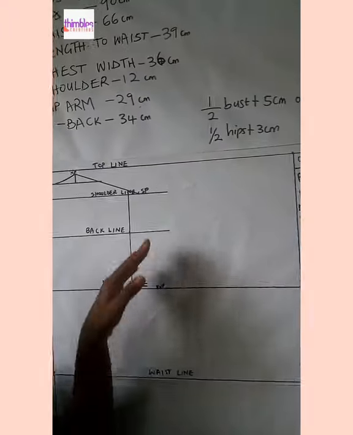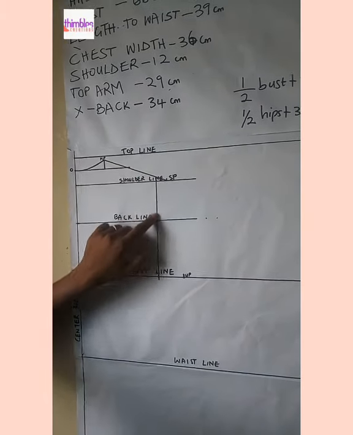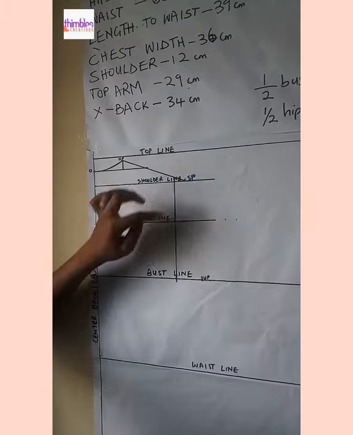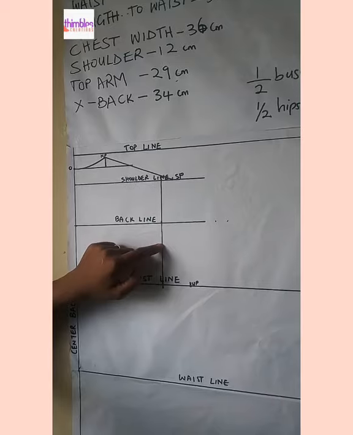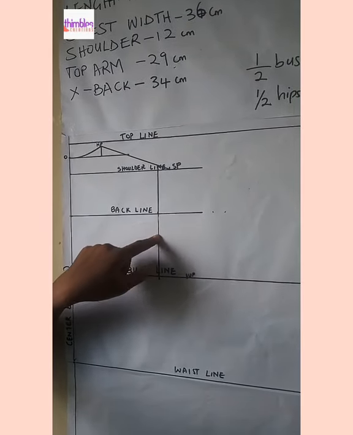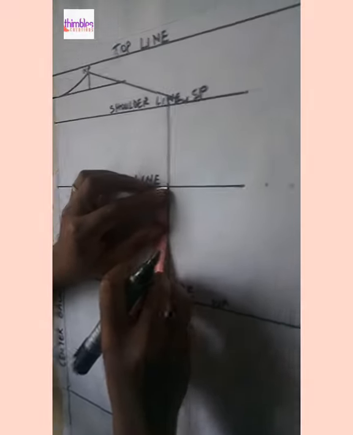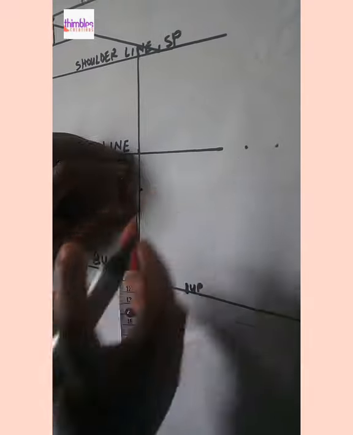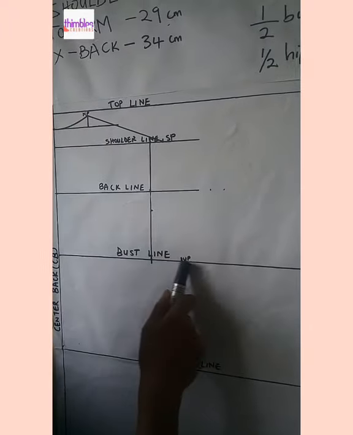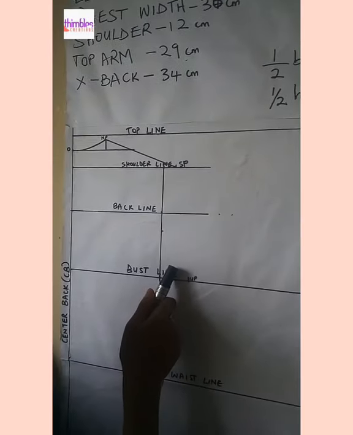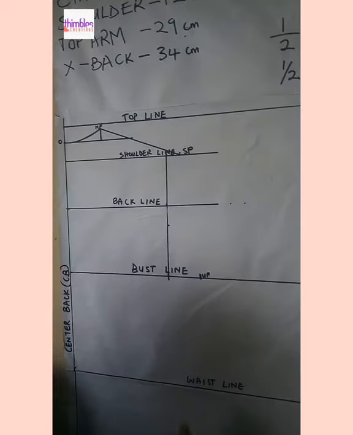Then the next thing now is to draw our armhole. This is a guideline for our armhole. Now below this back line, take 3 centimeters down. Just mark it. I like to mark it so that it will help me in the drawing. Then at this right angle here, I take 3 centimeters.